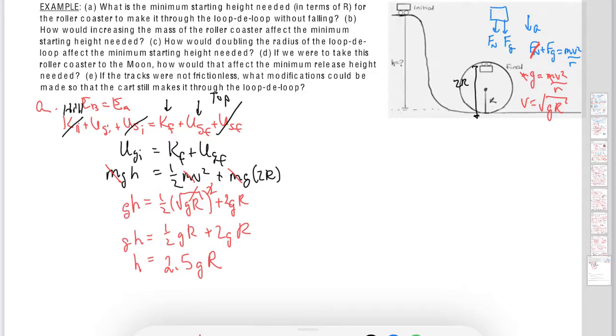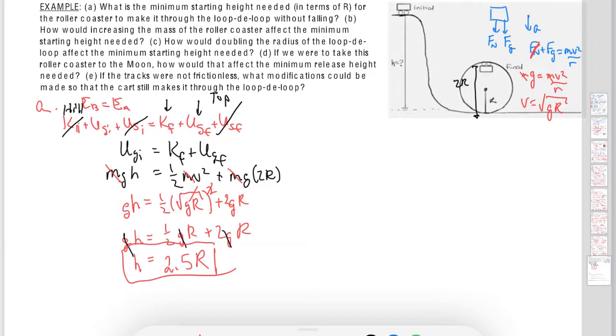I still have this g running around, and each one has a g factor, so that would cancel. So let me clean that up a little bit. And so that'd be 2.5r would be the height that I would have to release this from. So 2.5 times the radius of the circle. So if I had a 1 meter circle, this would have to be at 2.5 meters. If I have a 10 meter circle, it'd have to be at 25 meters.